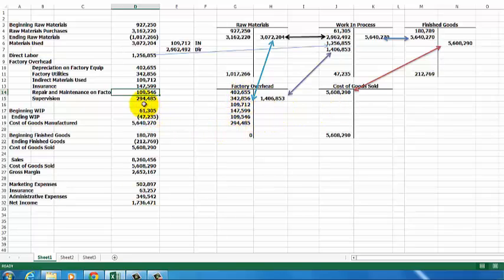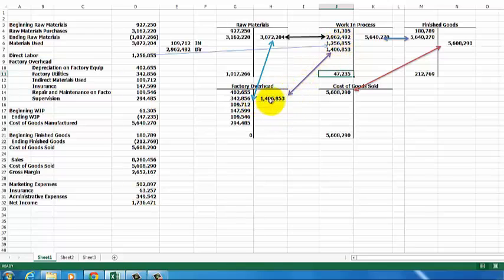or accounts payable. Now, looking at our work in process, we have the beginning balance, 61,305, ending work in process, 47,235. See, that's the ending balance there. Now, what we're taking here is the beginning balance, adding the direct materials, adding the direct labor.